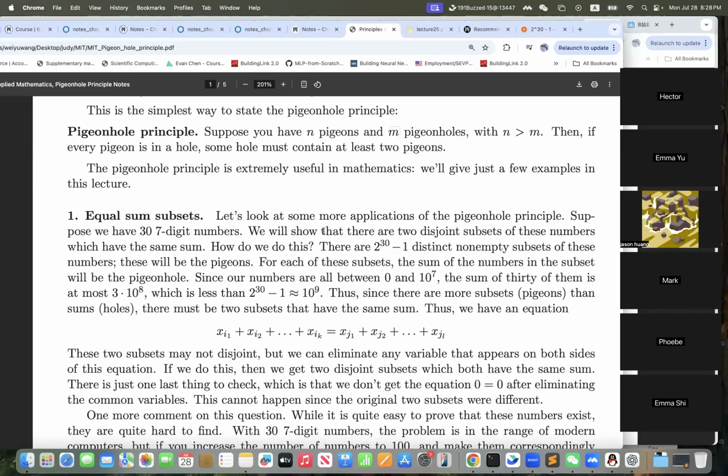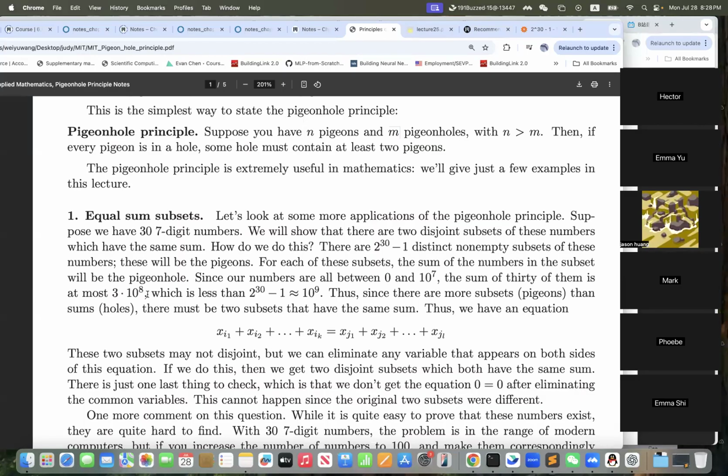So what does that mean? That means that you pick a subset, right? A subset may have a sum. So you have 30 numbers. Say you pick 5 numbers, and you can sum them up. The sum is at most this, right? And you pick 10 numbers, 10 7-digit numbers, you sum them up. It is also at most this. And you can pick 11, 12, or 15 numbers.